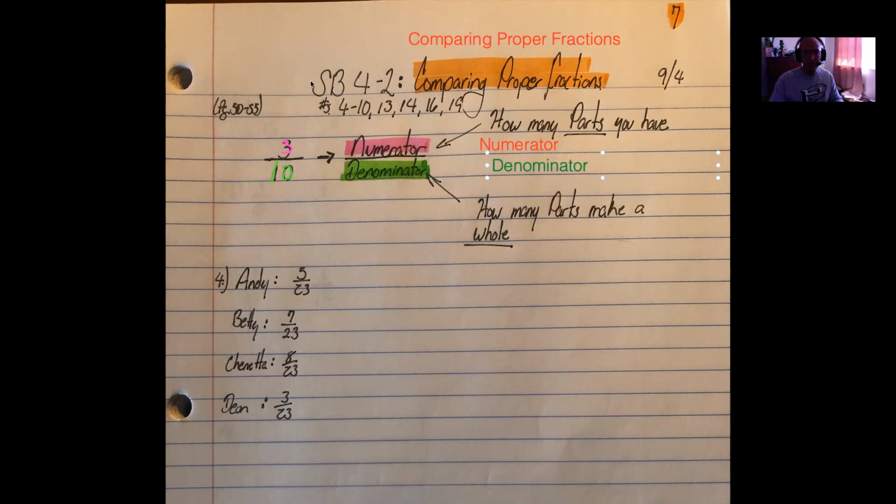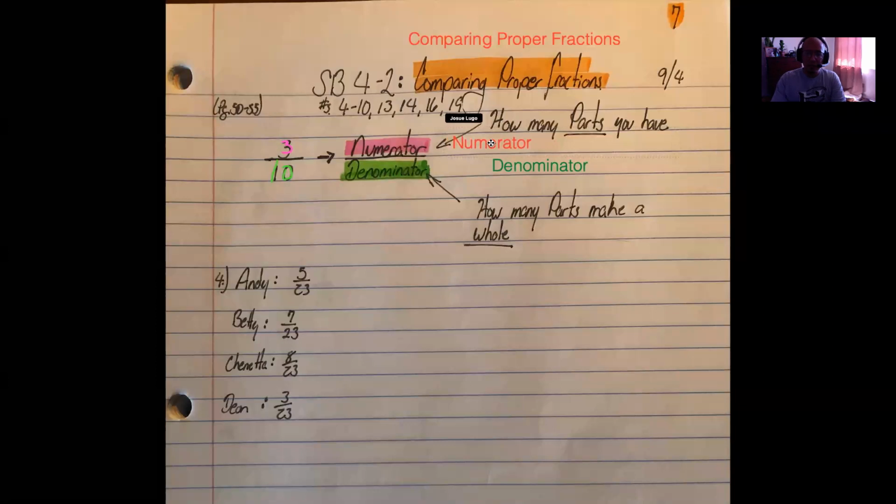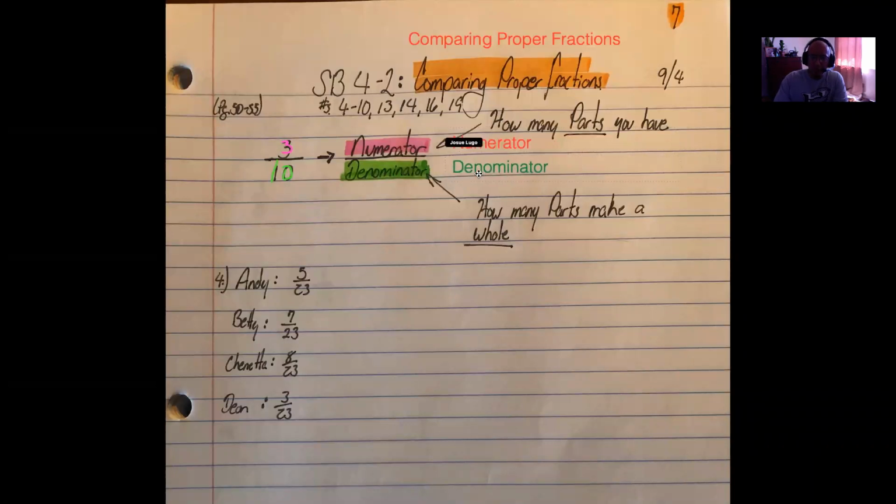So again, the top number, the first number, is known as the numerator, whereas the second, bottom number is called the denominator.